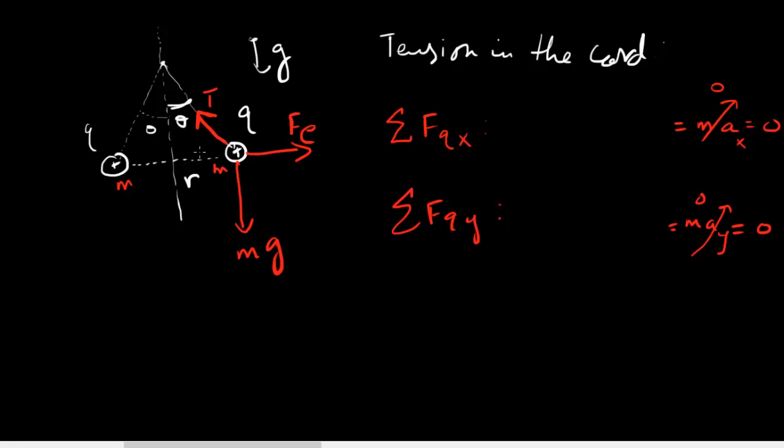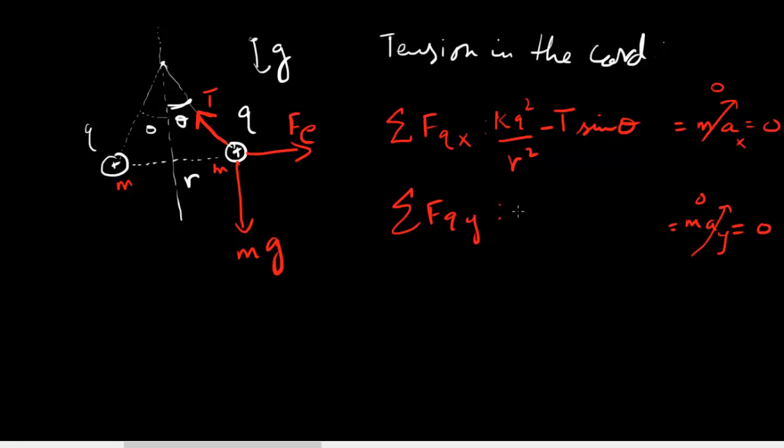So in the x direction you have the electrical force, which is k q squared over r squared, and that's going to be countered by tension, so minus T times sine theta, and that's equal to 0 because these are the only two forces in the x direction.